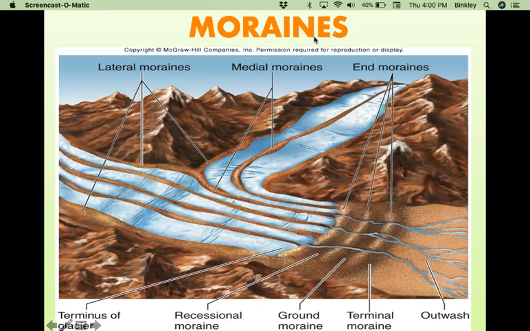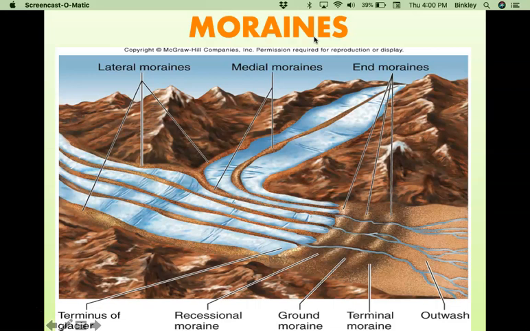And I told you that it comes out where it's melting. Well, it also comes out at the sides once you come down into the lowlands. It can melt out of the sides of the glacier as well. And these moraines are what we call that sediment that accumulates along the sides of the glaciers and in front of the glaciers. Okay?